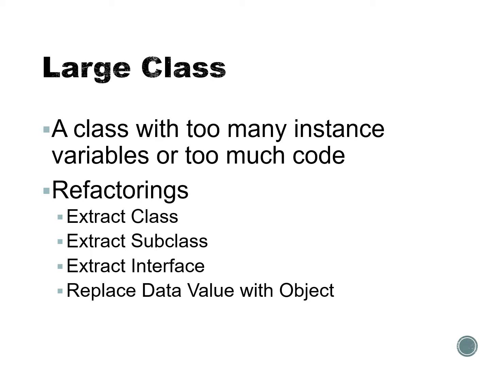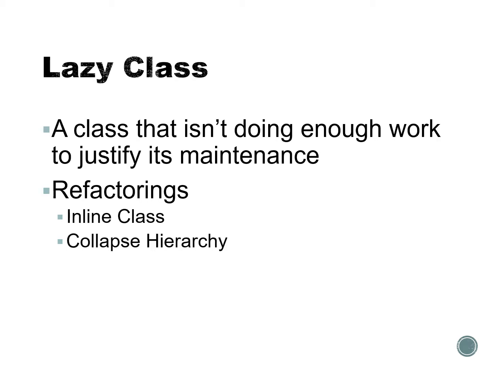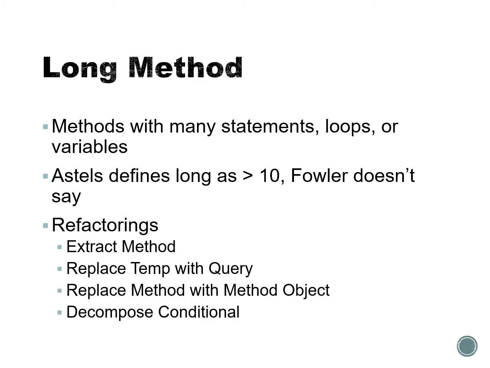Okay, so it's too complicated, it's too complex, it's trying to do too many things at the same time, it has much variance in it, it has too many paths to take from input to output, so it should probably be two or several other smaller things. Lazy class, it's just there because someone designed it and then they found out there's nothing to do with it. So just get rid of it, put it on the chopping block, and so on and so on.